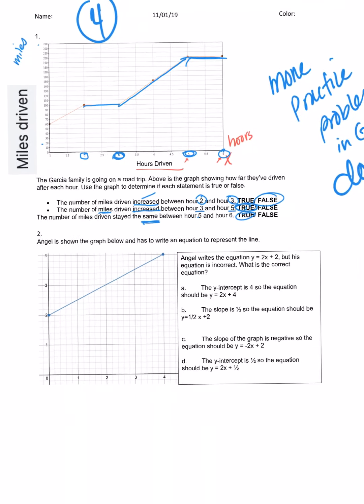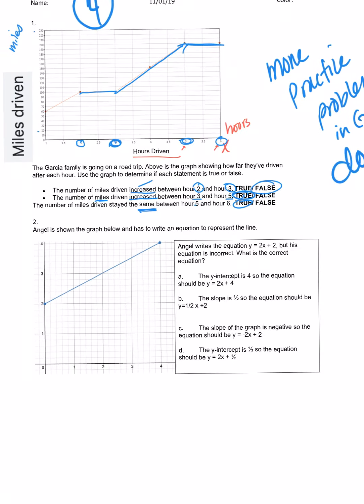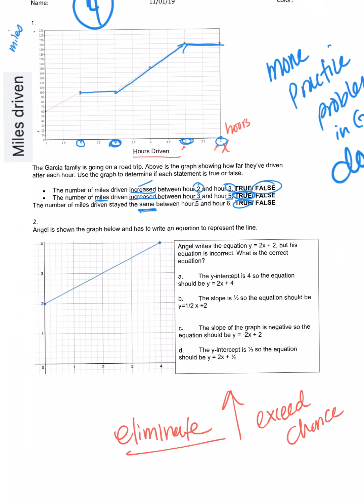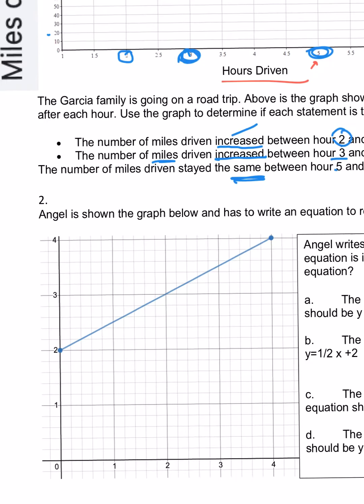All right. Angel is shown the graph below and has to write an equation to represent the line. Remember, eliminate to increase your chance of exceeding the standard. So here we go. What can we eliminate? First of all, what's your y-intercept?